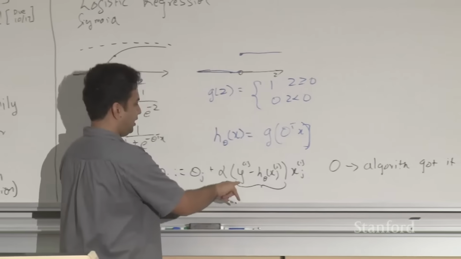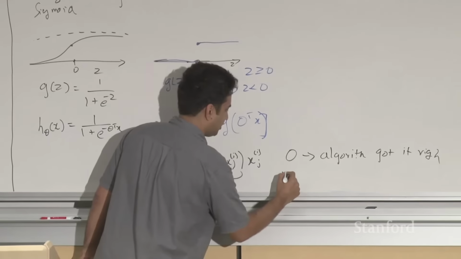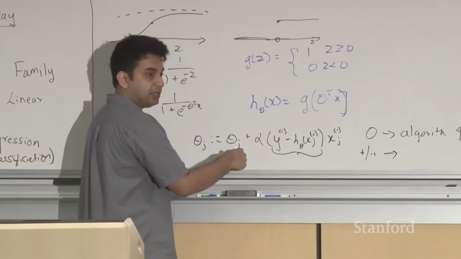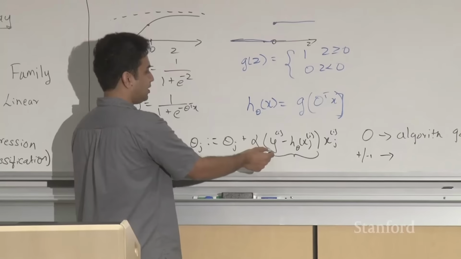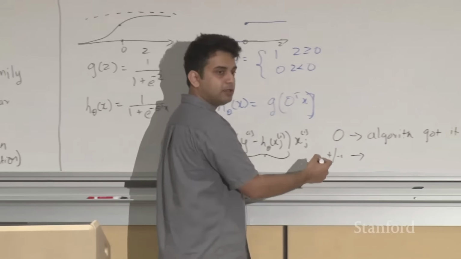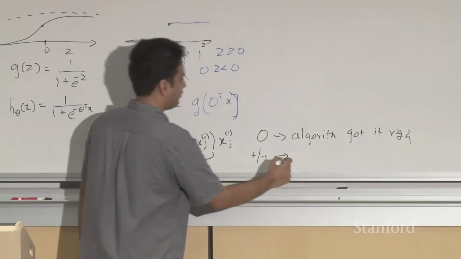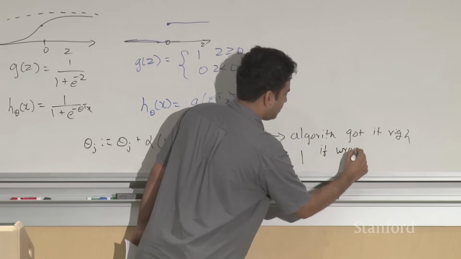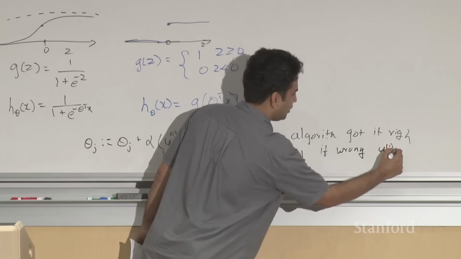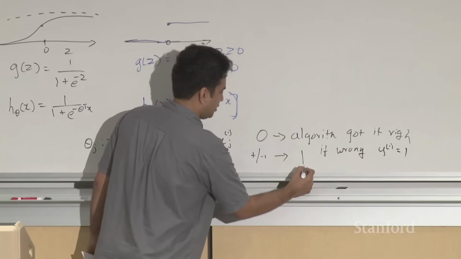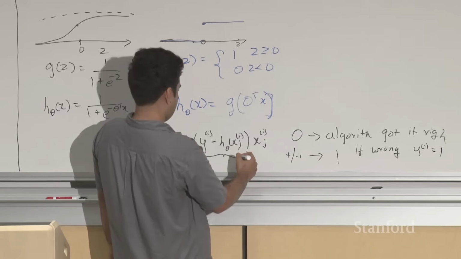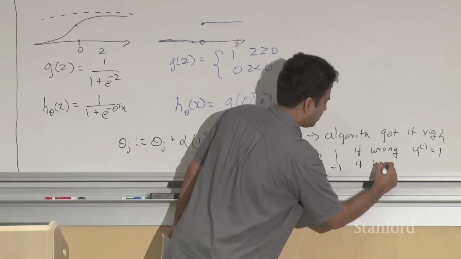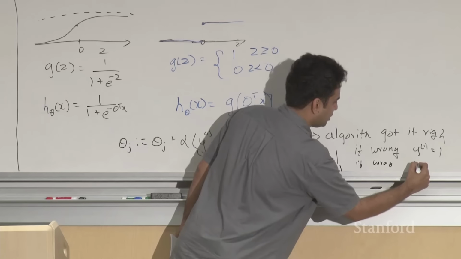And it will be either +1 or -1 if it was wrong: it evaluates to 1 if wrong and yi equals 1, and it is -1 if wrong and yi is 0.